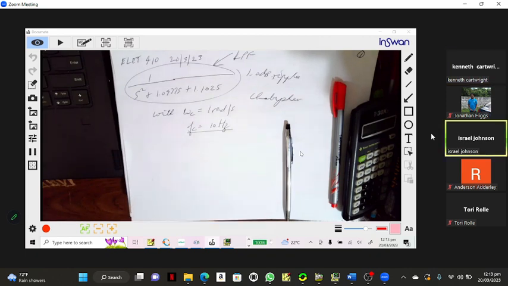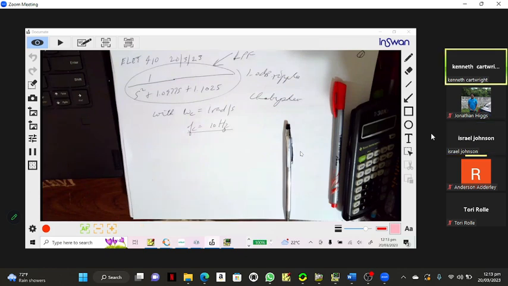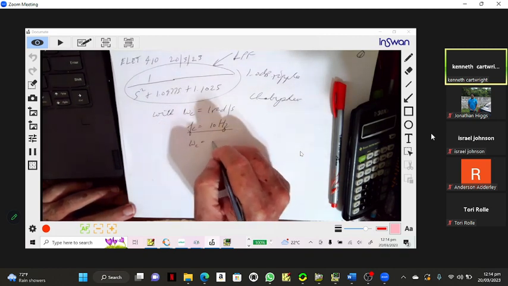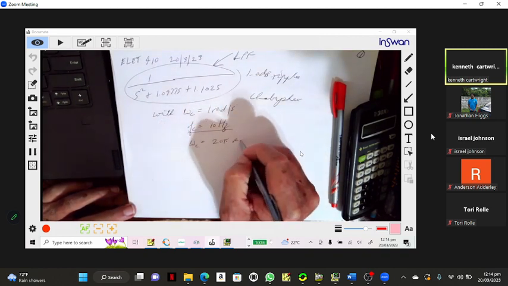Of course I'm talking about 2 pi F. Omega is always 2 pi F. If FC is 10 hertz, then omega C is 20 pi rads per second.